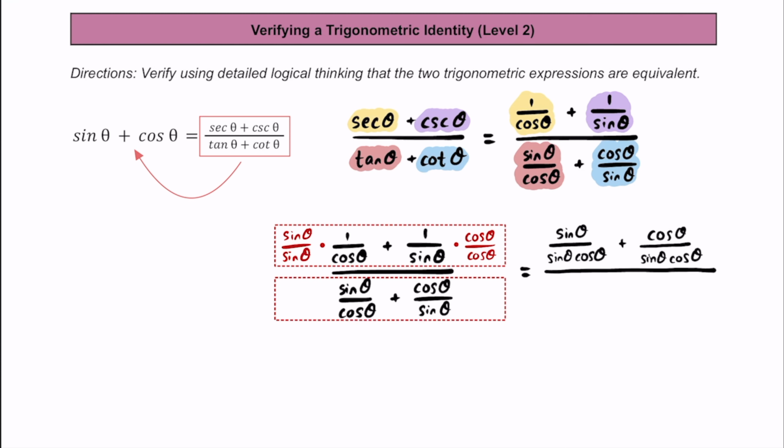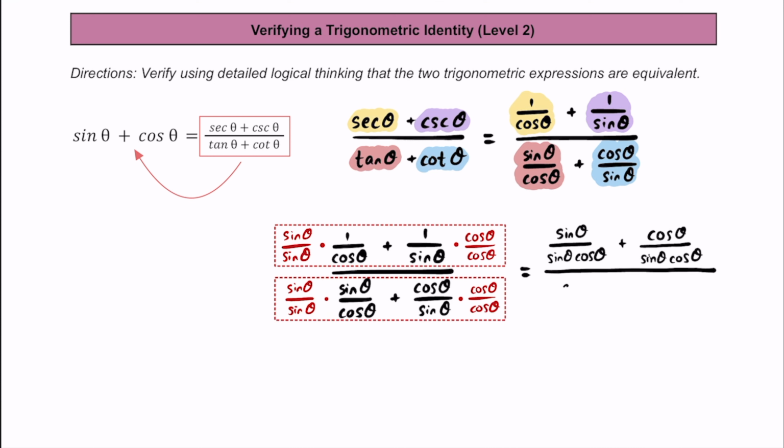Now if we'd like to rewrite this denominator using just one fraction bar, let's go ahead and multiply this first fraction by sine of theta over sine of theta, and multiply the second fraction by cosine of theta over cosine of theta. Okay, so multiplying the sine of theta on top by sine of theta, that's going to be sine squared of theta over sine of theta times cosine of theta.